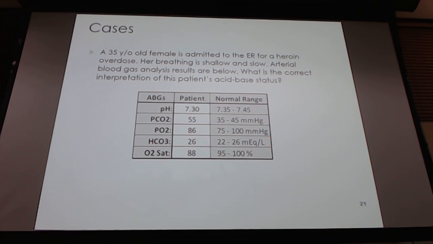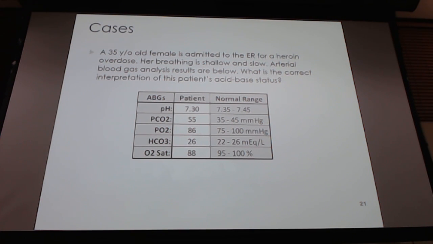So you would expect her to be retaining CO2 because she's hypoventilating because she overdosed. And that's exactly what we see. Somebody's acidotic. Then we go to the PCO2. Is that high or low? High. So pH went down, CO2 went up, so it is respiratory.